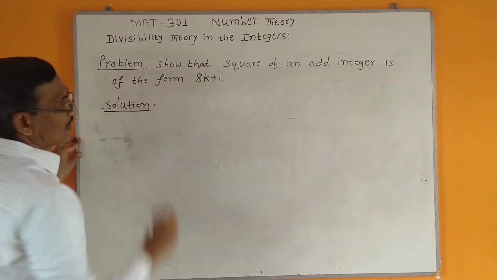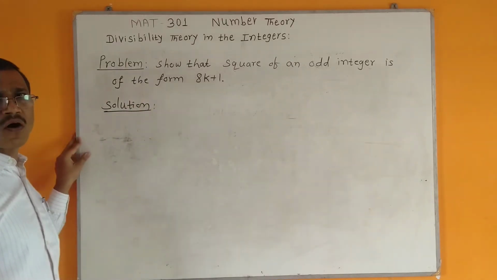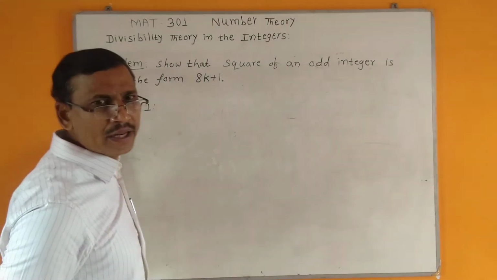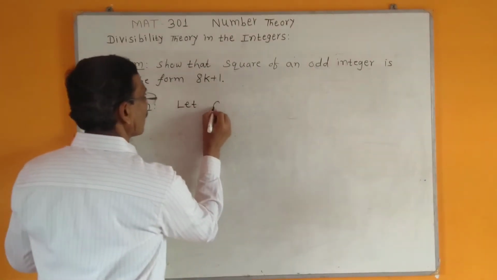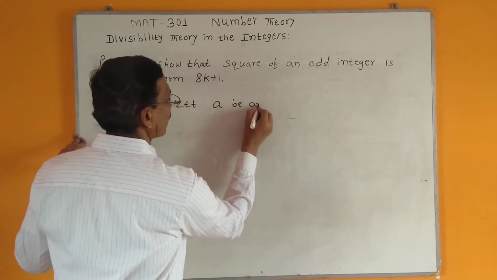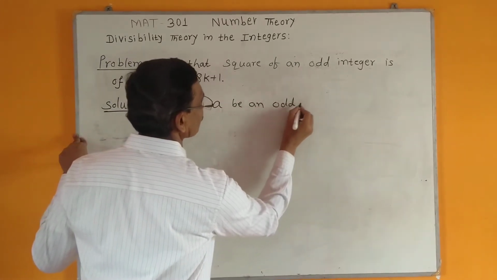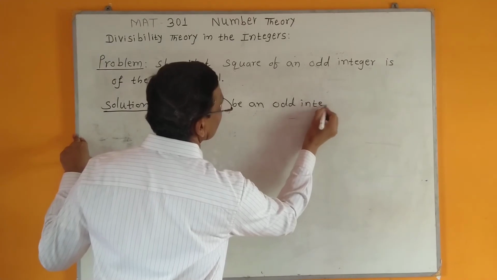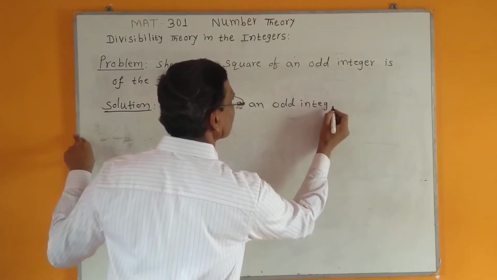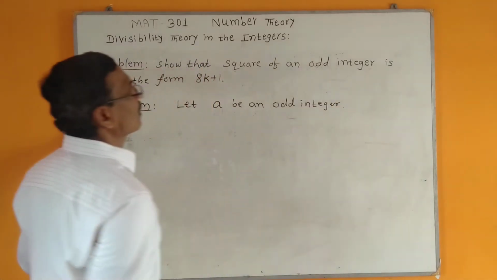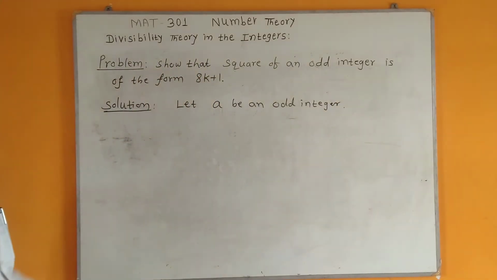As we want to prove that square of odd integer, we shall consider some odd integer. Let us denote by a. Let a be an odd integer.